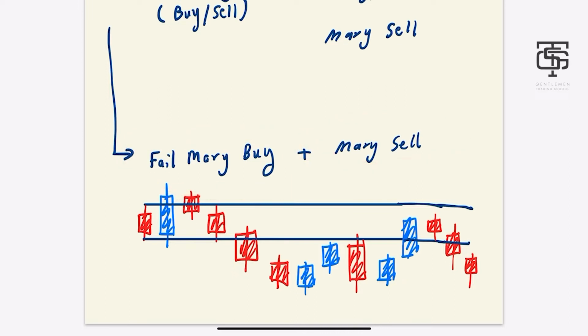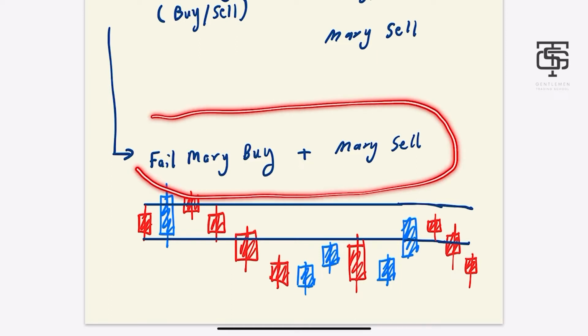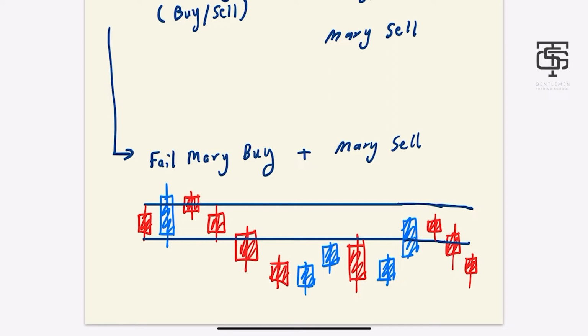Can you guys understand? So for this chapter, I will be making sure that you guys understand how we identify these two zones. After marking these two zones, you would have a zone like this. First is like this.